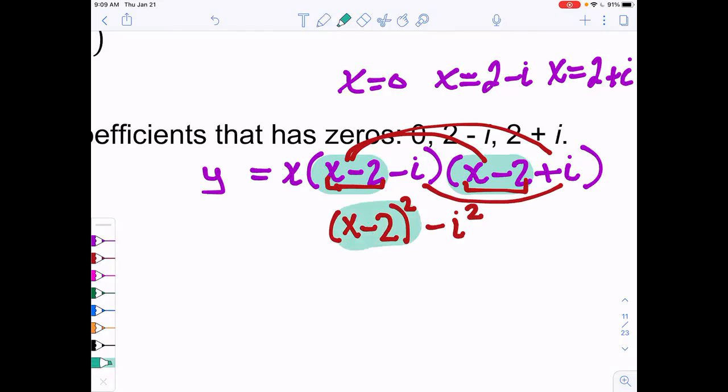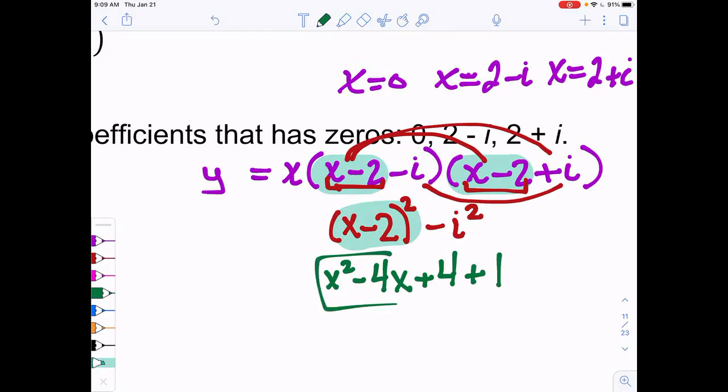So now I have x minus 2 squared, which if I FOIL, that's x squared minus 4x plus 4. That minus i squared becomes a plus 1. This all goes together because these two terms were from the two quantities I was multiplying together.